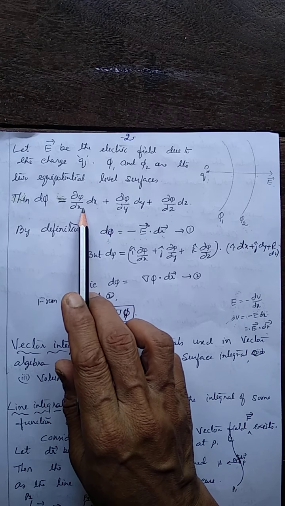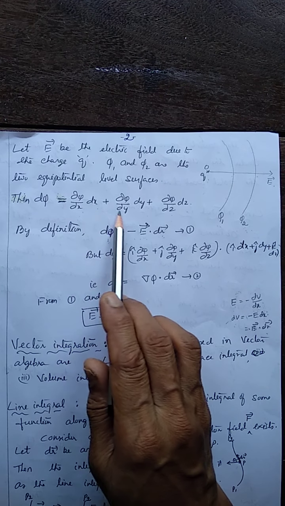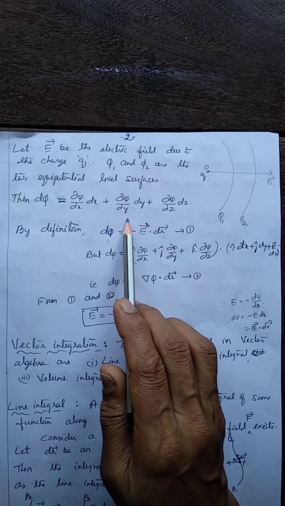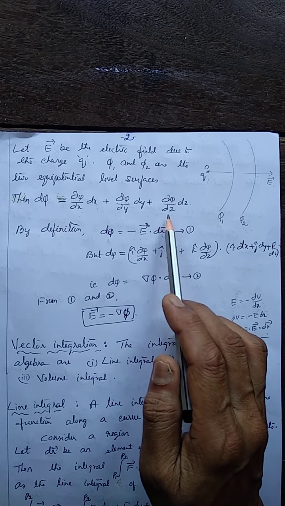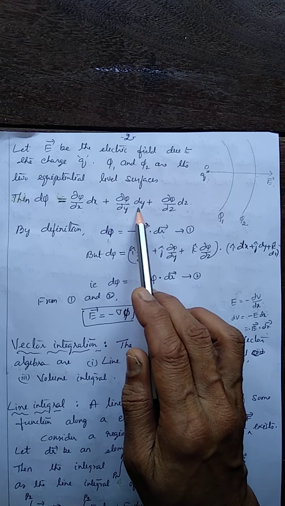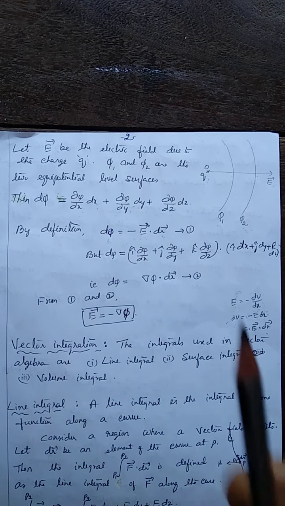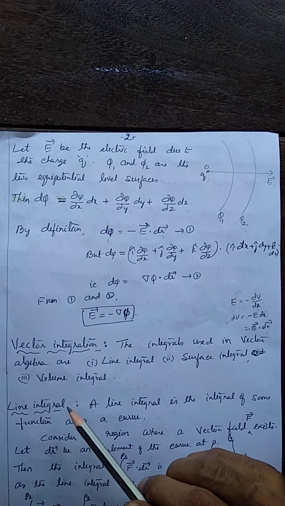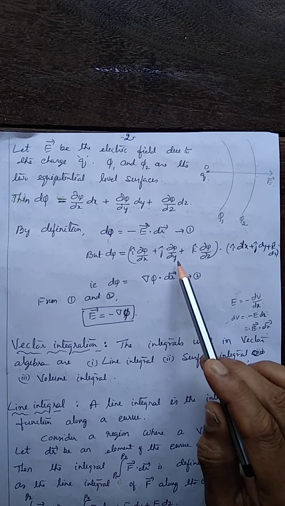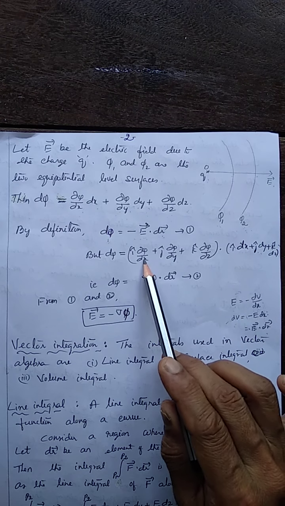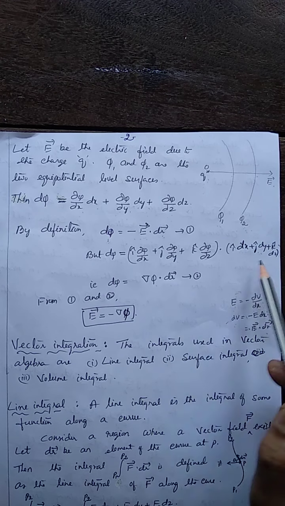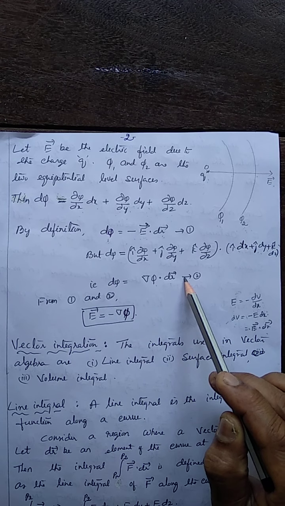But what is d phi here? Delta phi by delta x dx plus delta phi by delta y dy plus delta phi by delta z dz. This can also be written as the dot product of two terms. What is the first term? It is del phi. What is the second term? The dr vector.